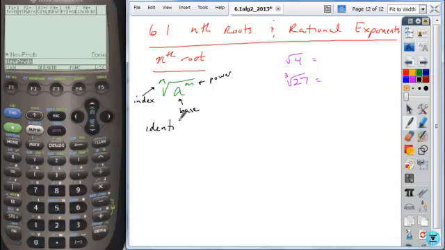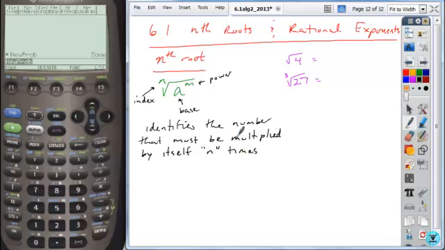An nth root identifies the number that has to be multiplied by itself n times to equal the base. And if it's a base with a power, that would be part of it as well.